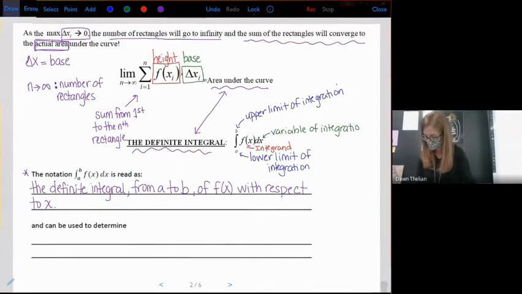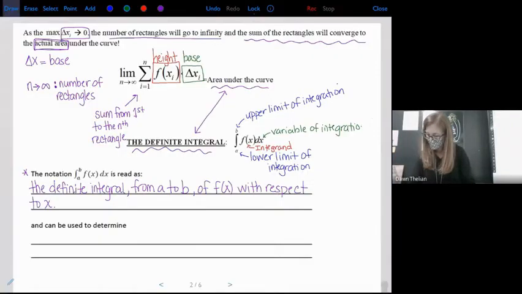Just some vocabulary. When we say dx with respect to x, that's also giving us a visual that we're going to the x-axis. We're talking about the area under the curve. So we talked about how to say it, the definite integral from a to b of f of x with respect to x. But what does it do?